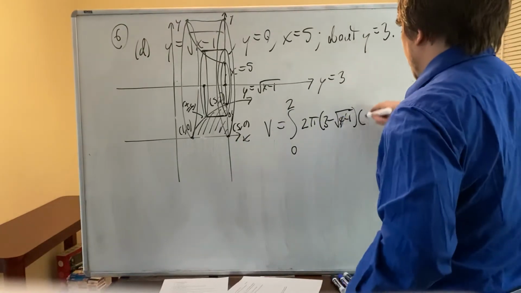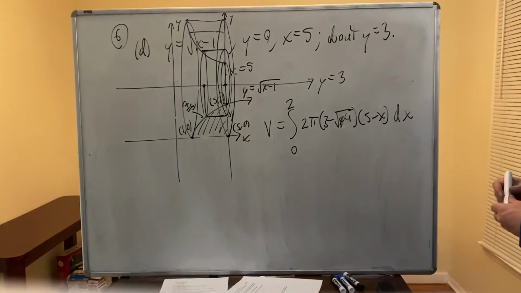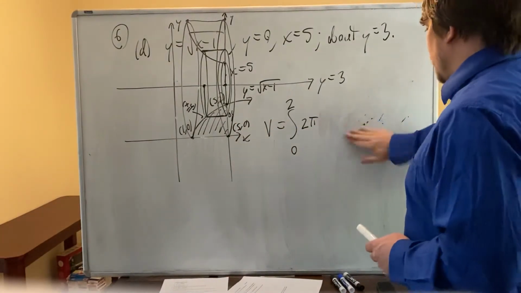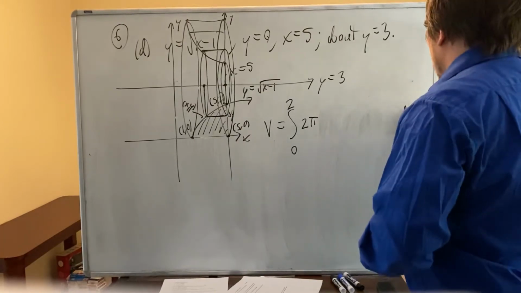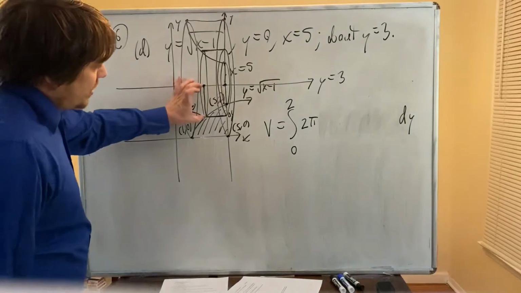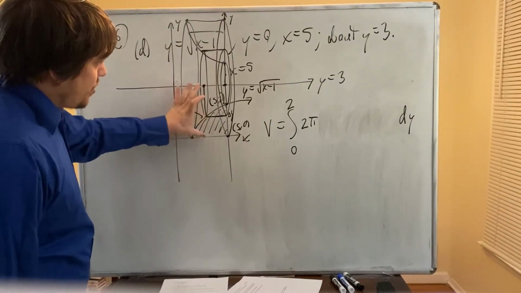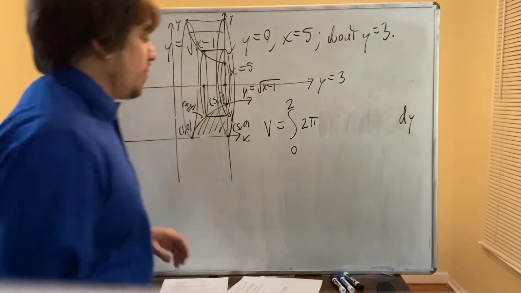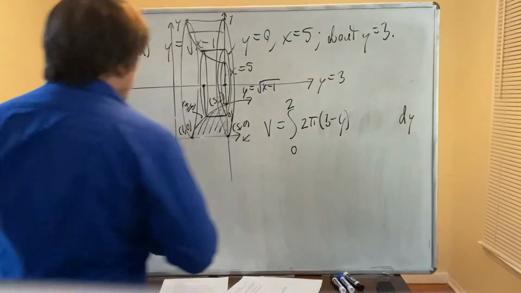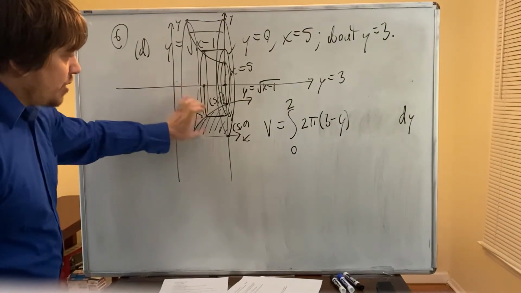So you get 5 minus x dx. Wait, sorry, we're integrating with respect to y, so this is dy. Sorry. The radius is 3 minus y. This is the y distance of the point, that's 3, so 3 minus y is the radius, in terms of y.